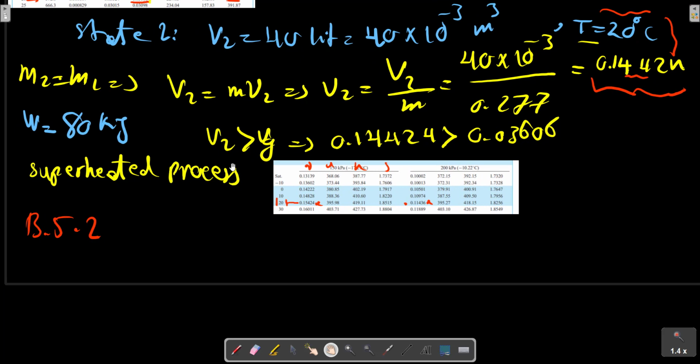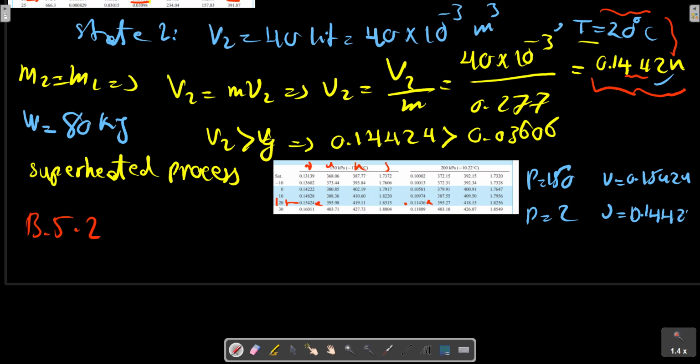With the interpolation, we have a relation for the interpolation of P and V, and P equals 200.